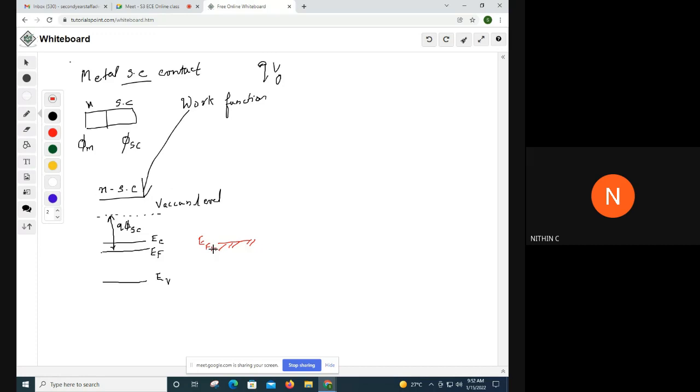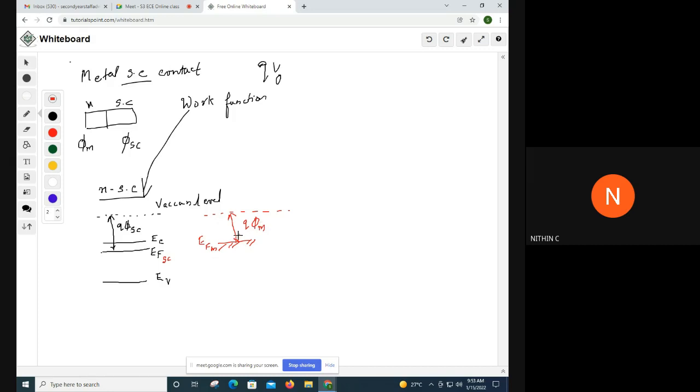M denotes the metal, and SC denotes the semiconductor. Again you have the vacuum level, and the energy difference between the Fermi level of the metal and the vacuum level is called Q phi m. That is the work function of the metal.